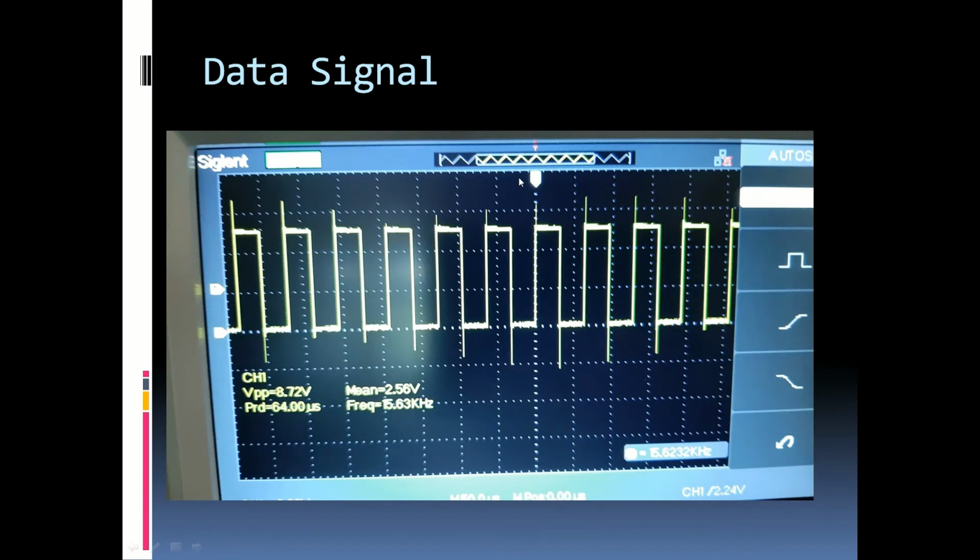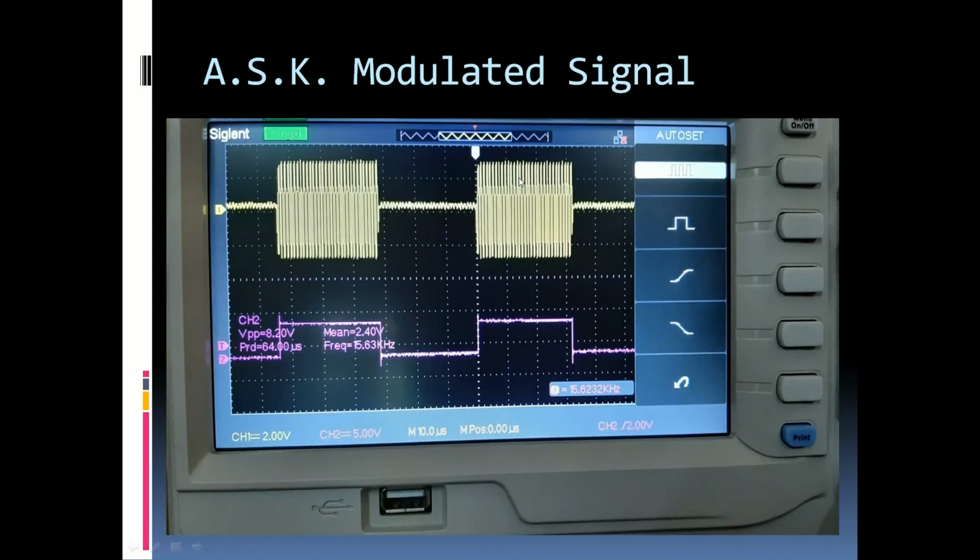If you look at the output of the digital data generator, it generates a data signal. I have already mentioned that it creates a repetitive pattern of ones and zeros. The peak to peak voltage set during the experiment was about 8.7 volt, and the frequency was approximately 16 kilohertz.